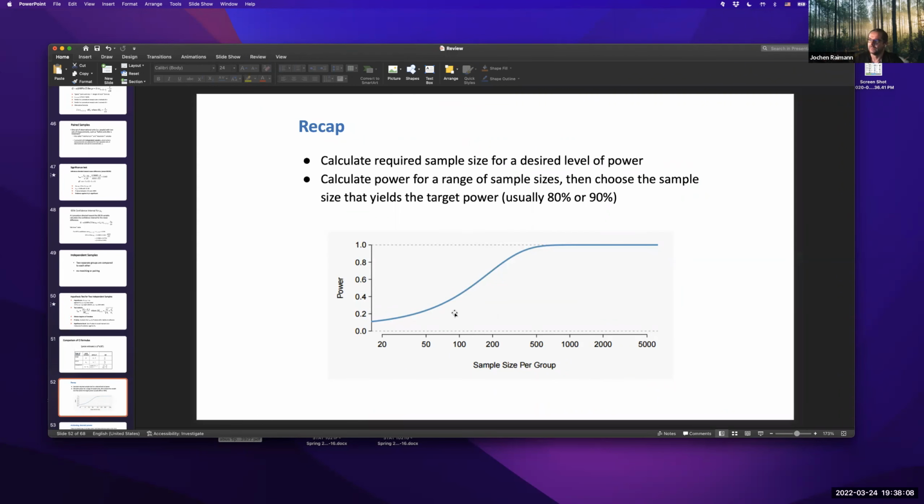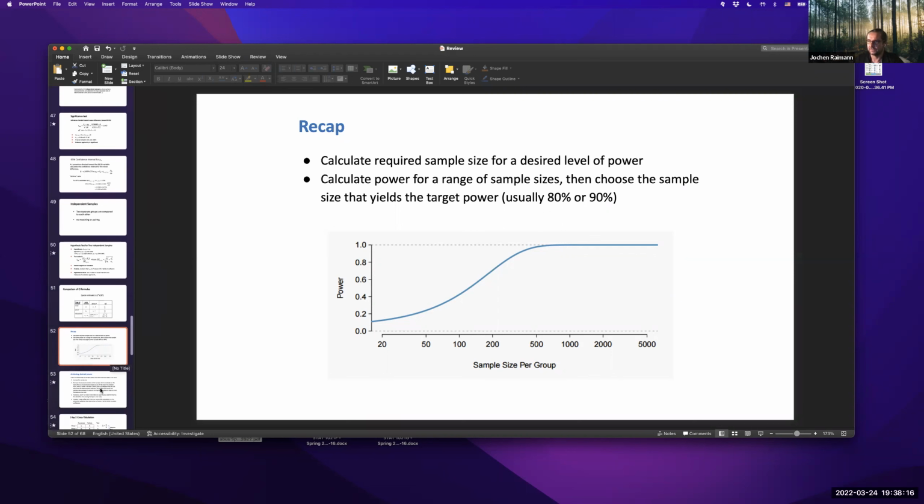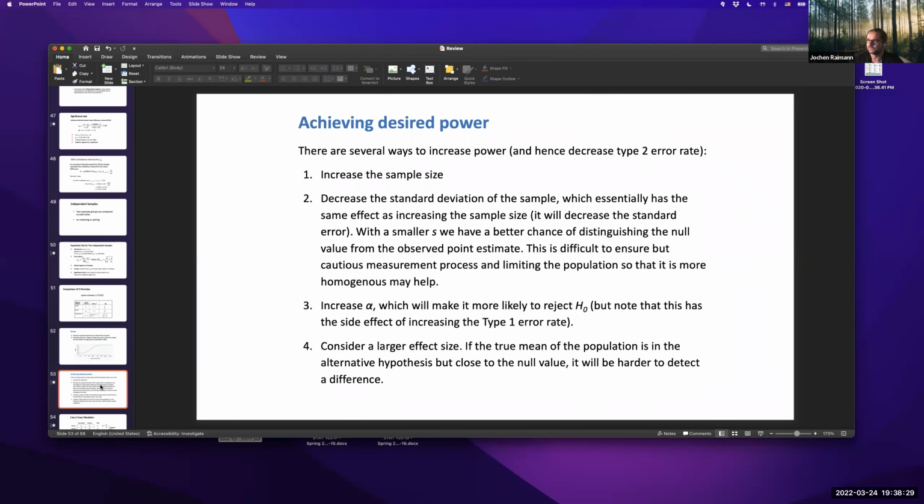So then sample size per group. With the effect sizes, you can calculate the sample sizes that you need to achieve a certain power. This follows a certain formula that is dependent on sample size, the alpha, and the difference in the intervention.